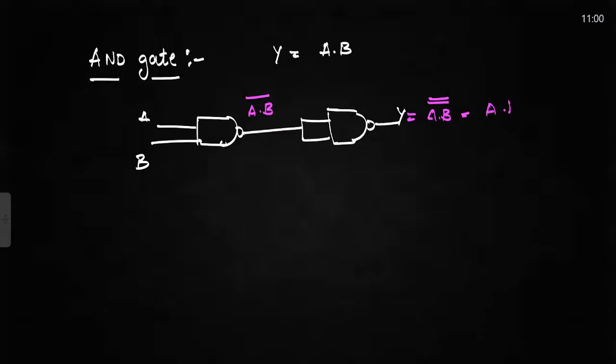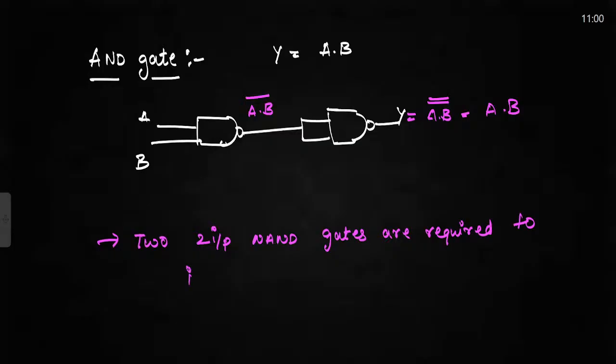So that will be A and B. So here we can write, two 2-input NAND gates are required to implement AND gate, right?